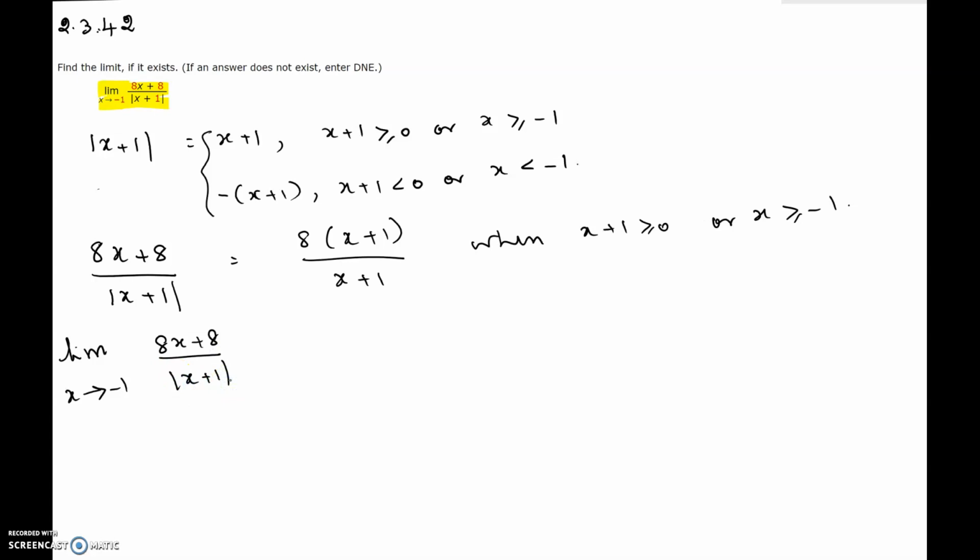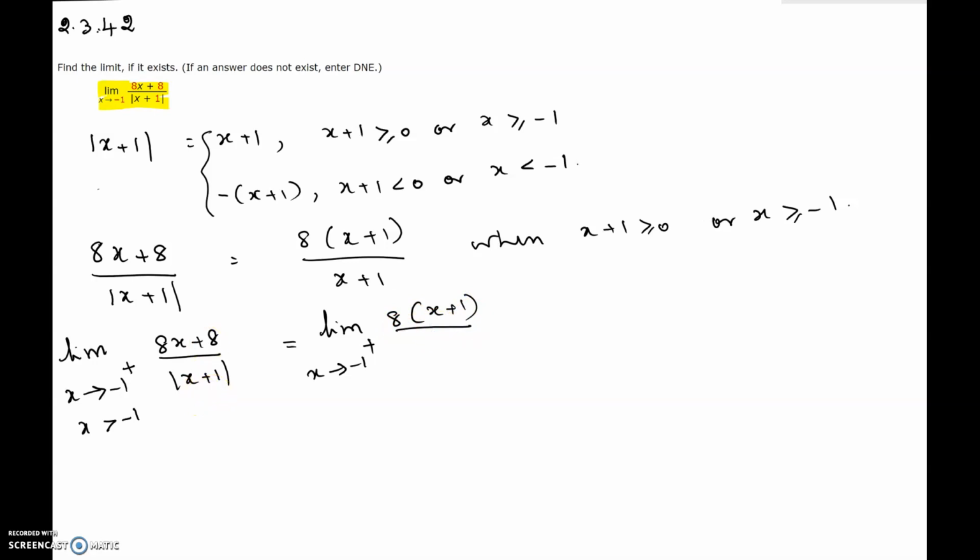We know that whenever the right-hand limit is equal to the left-hand limit, the limit is said to exist. So let's find out what happens when you consider the right limit, namely x approaching negative 1 from the right. What it means is x is greater than negative 1. So in this case, it will be the limit as x approaches negative 1 from the right of 8 times (x + 1) in the numerator.